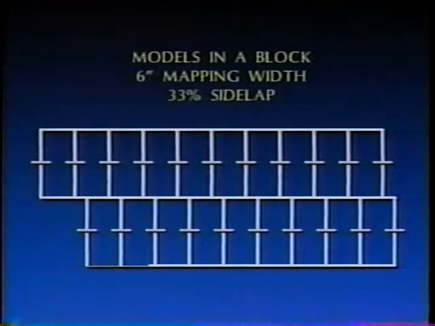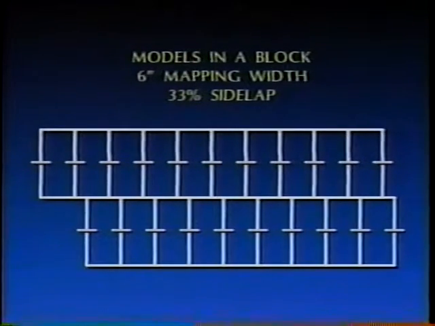Models in blocks. Blocks consist of parallel or nearly parallel flight lines. The photography from parallel flight lines must have side lap in order to be usable and cannot have any gaps. The amount of side lap usually ranges from 25 to 40%.